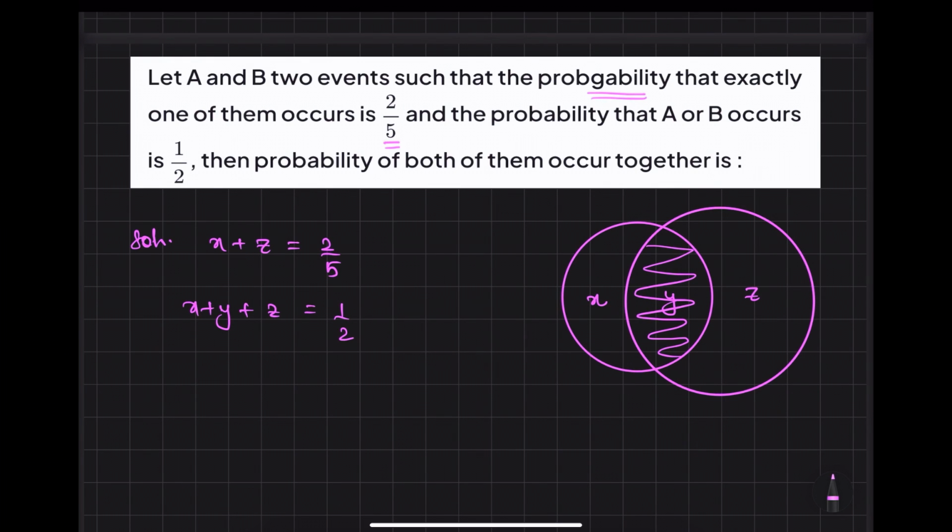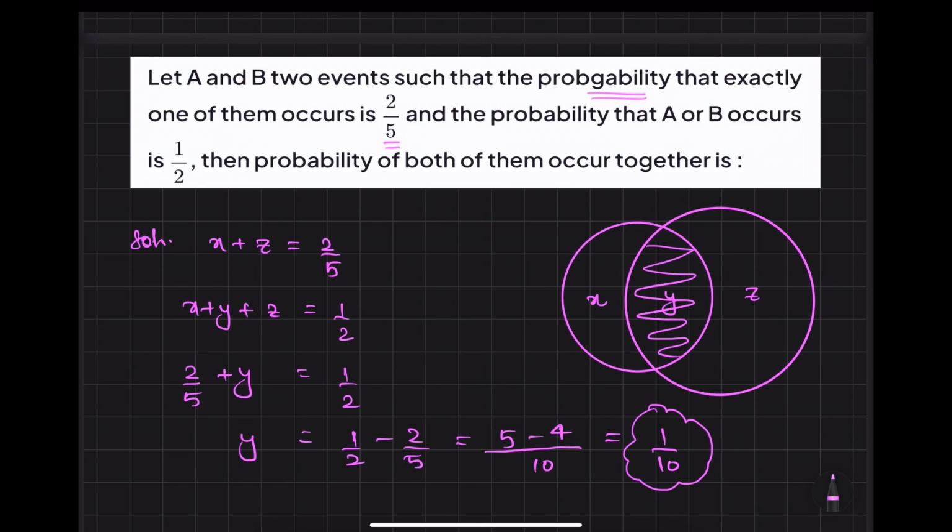If you observe, we have x plus y plus z, so can I substitute x plus z? So it is 2 by 5 plus y equals 1 by 2. So y equals 1 by 2 minus 2 by 5, which is 5 minus 4 over 10. So the required probability is 1 by 10. The probability of both of them occurring together is 1 by 10.